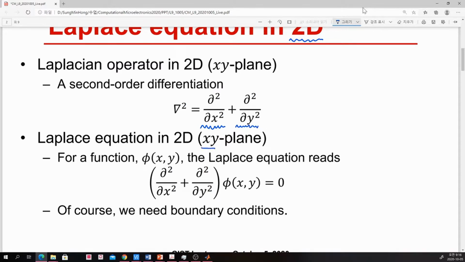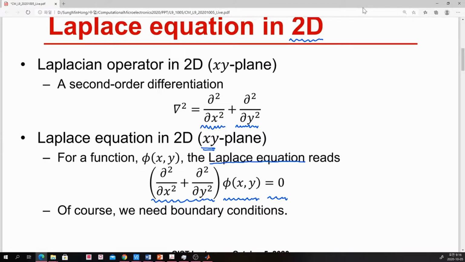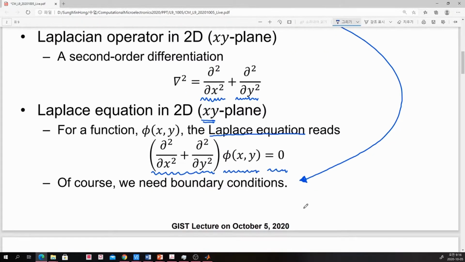So in the xy plane, our Laplace equation says that the Laplacian operator of our solution function phi should vanish. Yes, we know it. But in my opinion, in 2D, the most tricky thing we have to consider is boundary conditions.